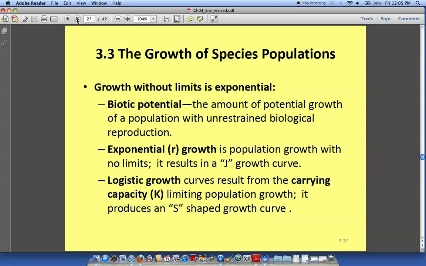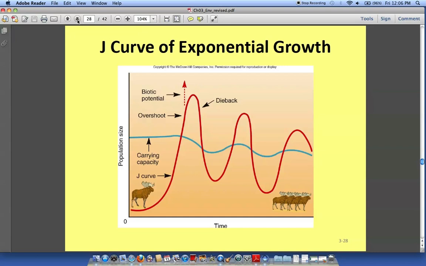Different types of population growth are discussed in the chapter here. We have exponential J-curve growth, where the carrying capacity of the environment is steady until we have an overpopulation, which actually causes starvation. If they overshoot the carrying capacity, then the organisms have a dieback because they starve.